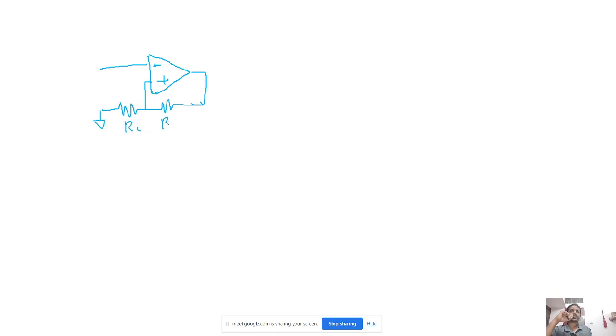So R1, R2, and we are giving some input Vin, and another circuit is like this: here it is grounded and here is Vin. Okay, so these are the two circuits.